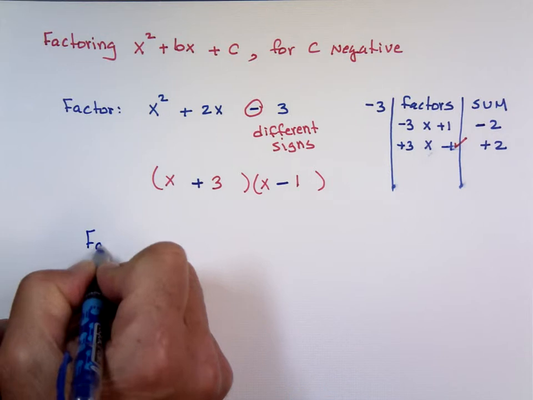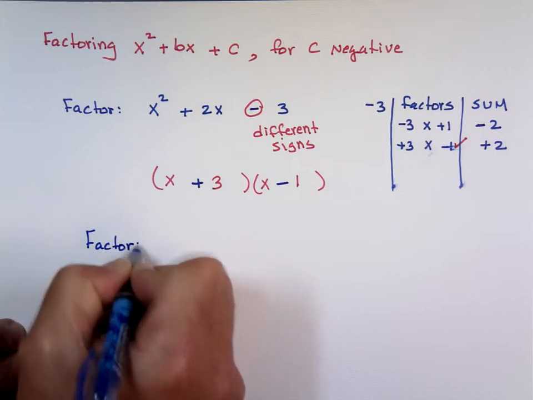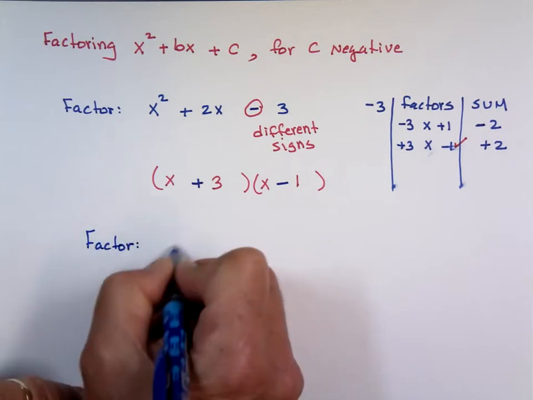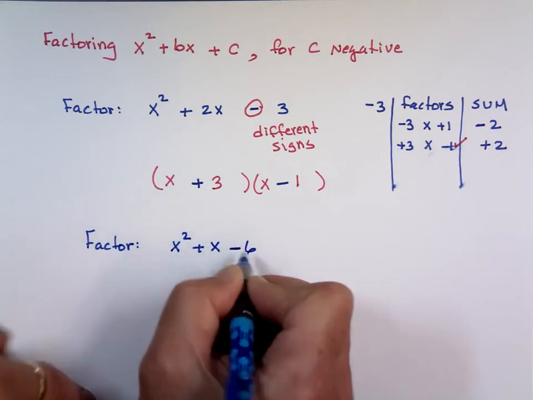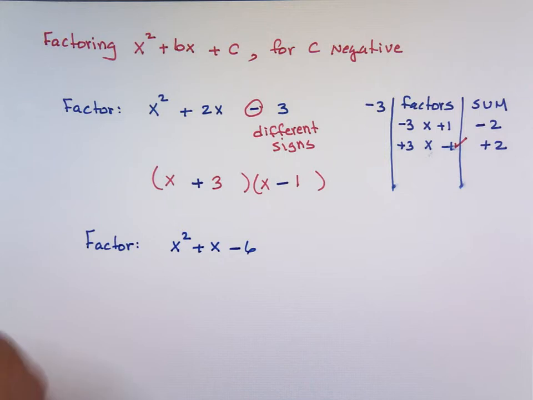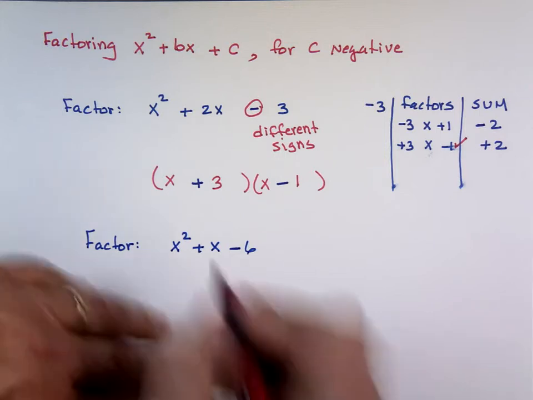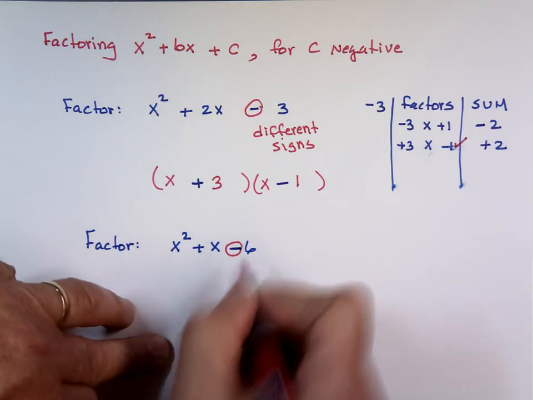Factor x squared plus x minus 6. Again, we have a minus here. Different signs.